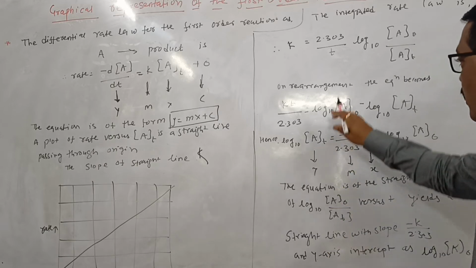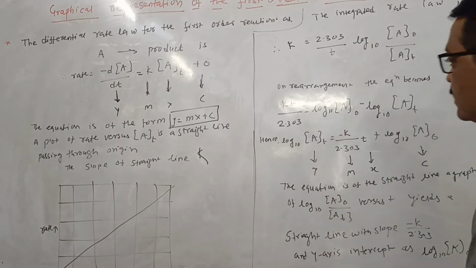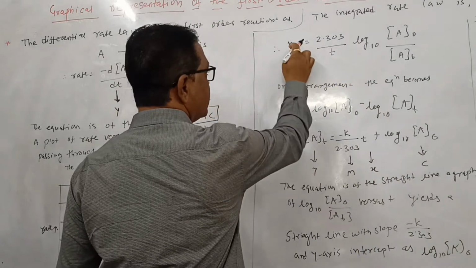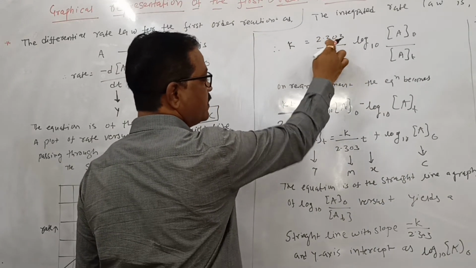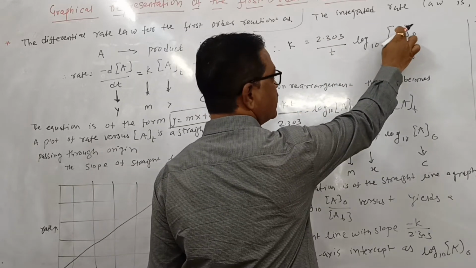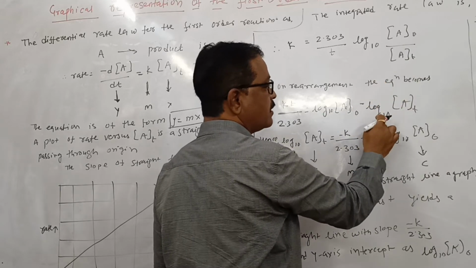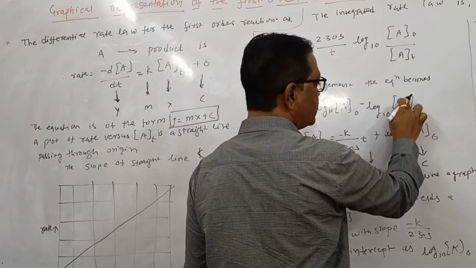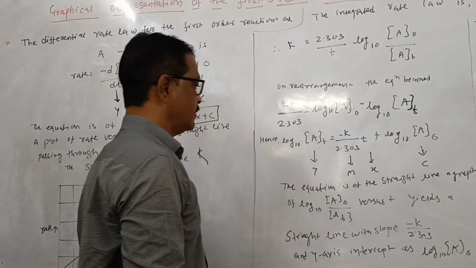We know that on rearrangement the equation becomes kt upon 2.303 is equal to log 10 concentration A0 minus log concentration A at time t.